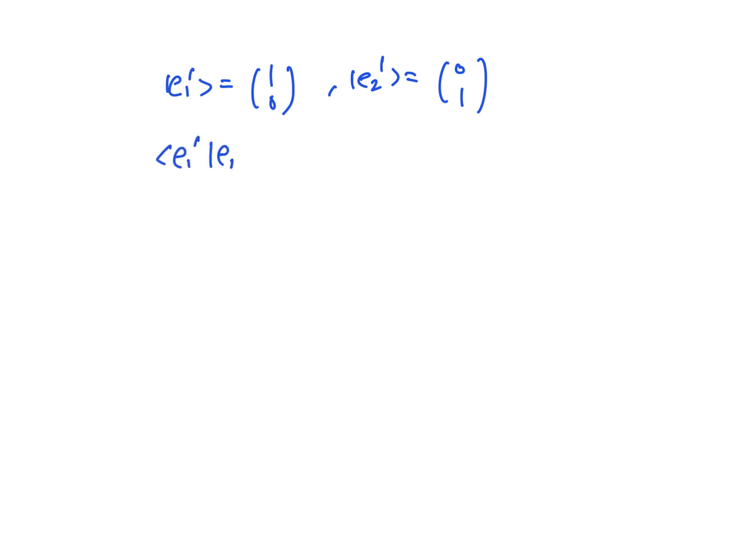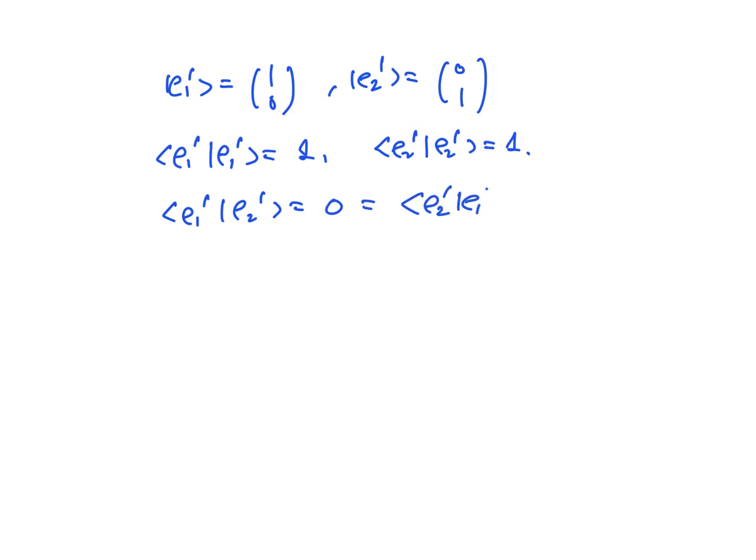E1 prime norm is just 1, right? E2 prime norm is equal to 1. E1 prime, E2 prime is equal to 0. E2 prime, E1 prime is also 0. So that means E1 prime, E2 prime is also an orthogonal basis.